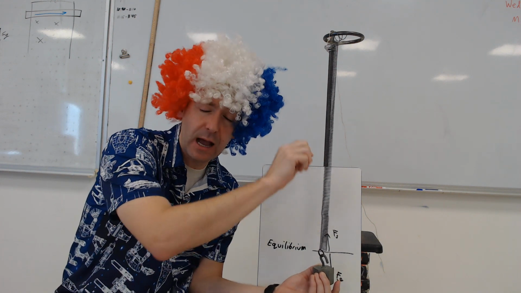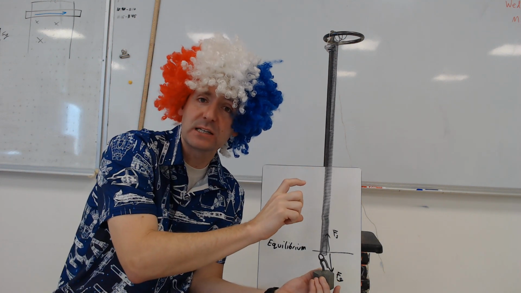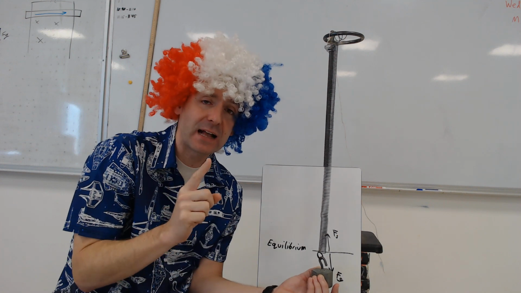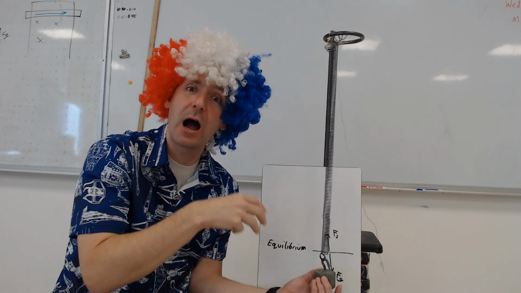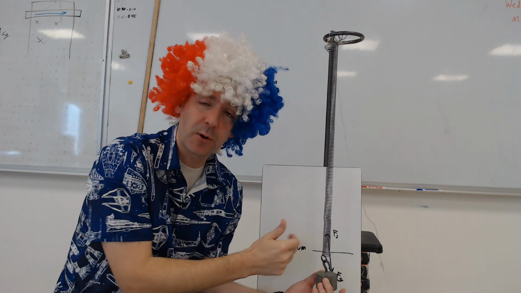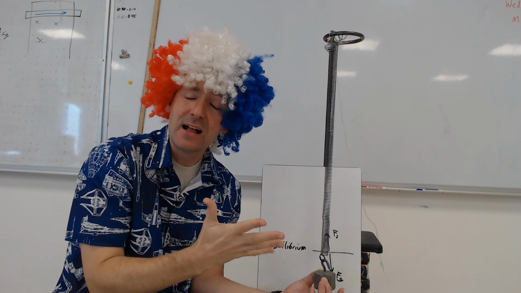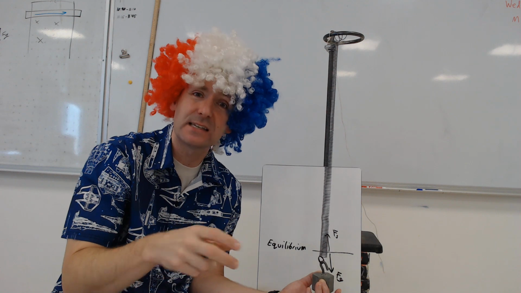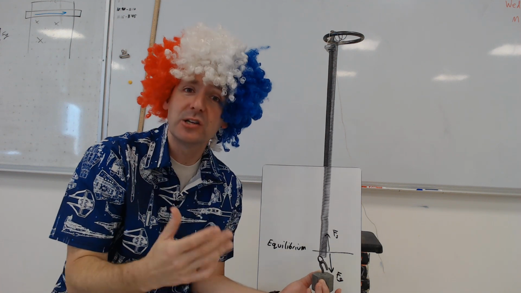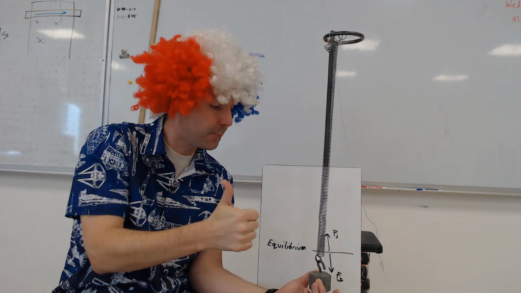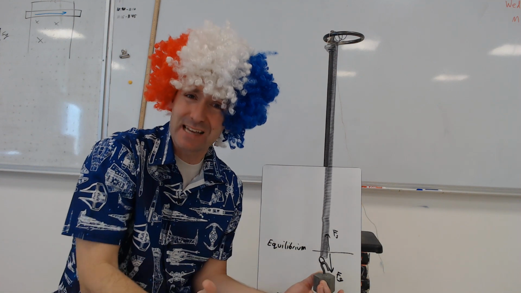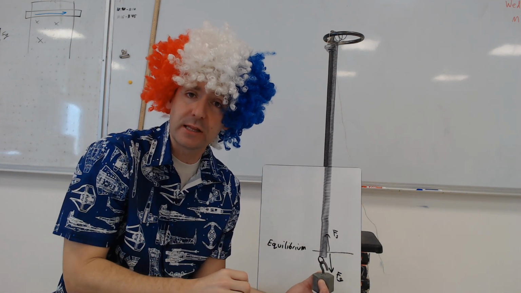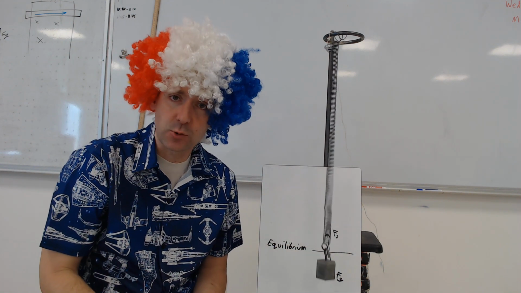So I've just increased the displacement of my spring from the equilibrium point. If that's the case, the force of the spring should now be greater. If the force of the spring is now greater, then when I release it, the upward force is greater than the downward force, and Newton's second law says that the sum of forces equals ma, and so therefore if the sum of the forces is upwards, then the object should accelerate upwards. And so I release, and sure enough, that's what happens.